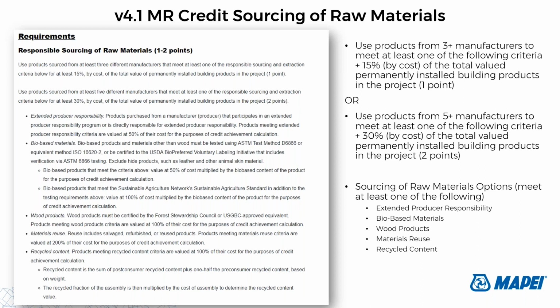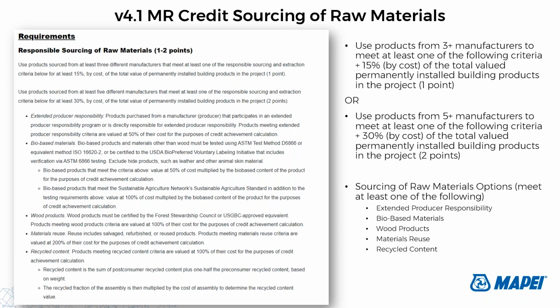It was difficult to achieve, so it was eliminated from version 4.1, and they added that other point that they removed in the previous version to this option. There are some slight differences in weighted value of each of these, but nothing really worth mentioning as far as changes go between version 4 and 4.1.